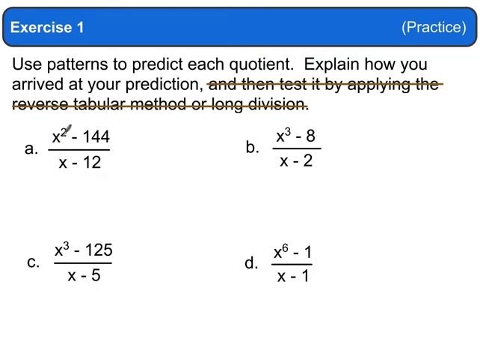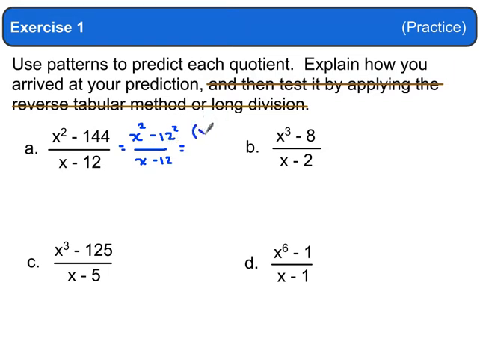So if we look at this, x squared minus 144, I can rewrite this, and again, I'm showing this step for understanding, as x squared minus 12 squared over x minus 12. Now that makes this a difference of squares.